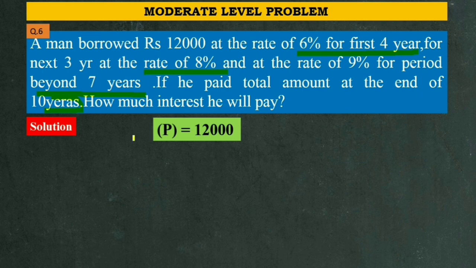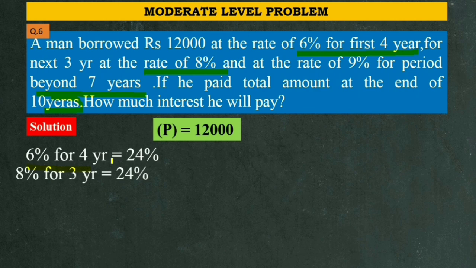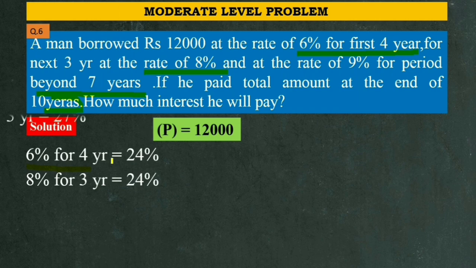So here the principal is 12,000. In the question it is given that in the first case it is lent at 6% for 4 years. So all that we have to do is simply multiply it. 6 into 4, that is 24%, to calculate the effective rate percentage. Second condition, 8% for 3 years, we multiply it and we get 24%.